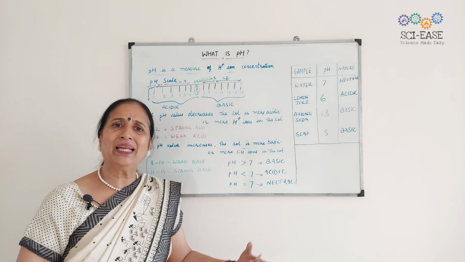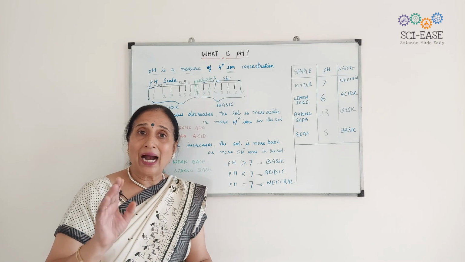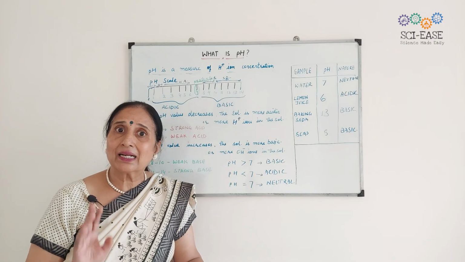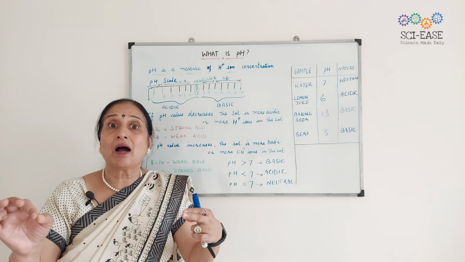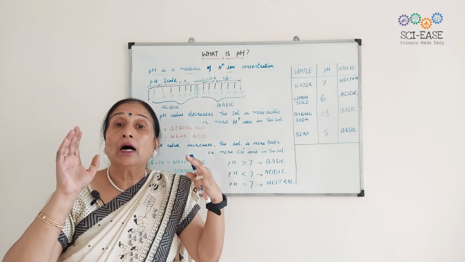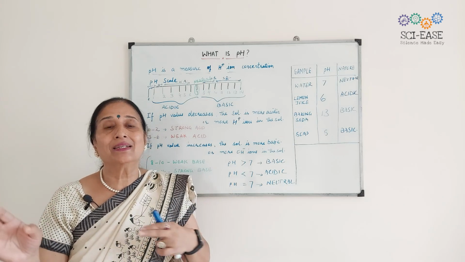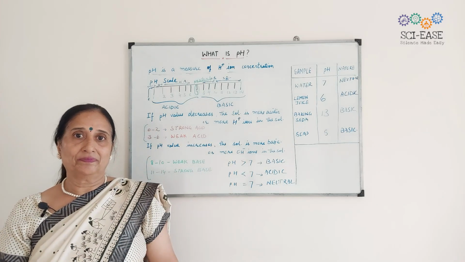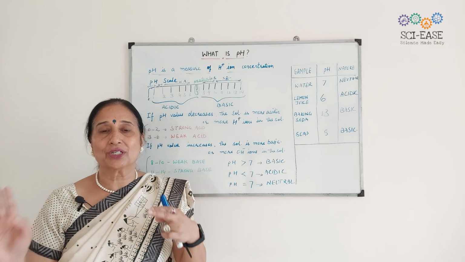You can take many solutions from your kitchen only. So I think the things are clear to all of you about what pH is. pH tells us about the concentration of the H positive ions in the solution.